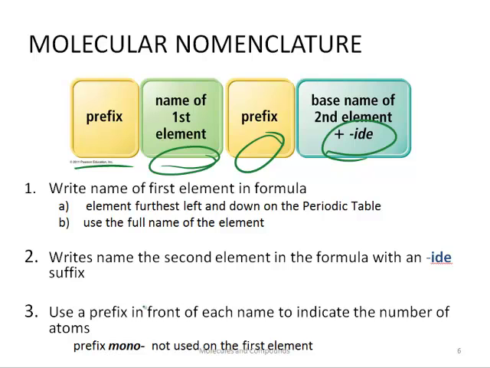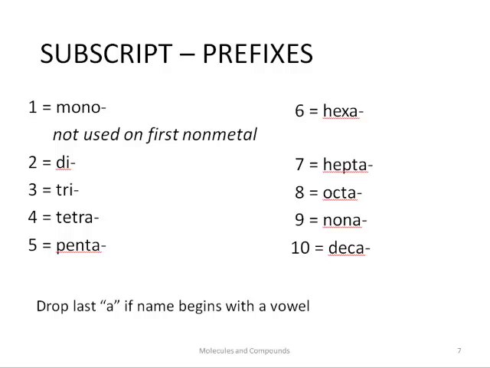It should be said that if the prefix is mono for the first element, it's not used, and you already know that, as we'll see when we go over examples. Okay, our prefixes that we use are going to be the same that we use for the hydrated compounds. Hexa for 6, and the rest are shown here.